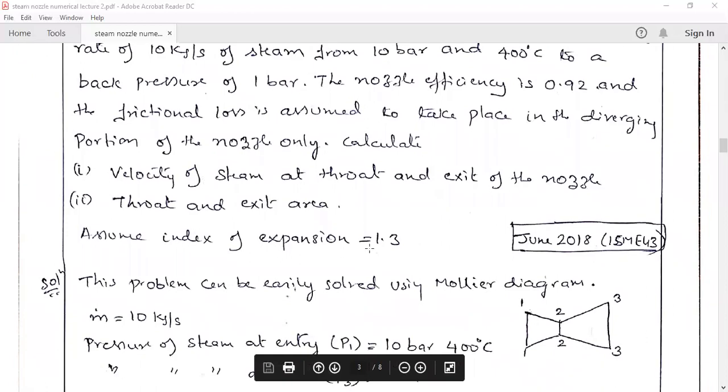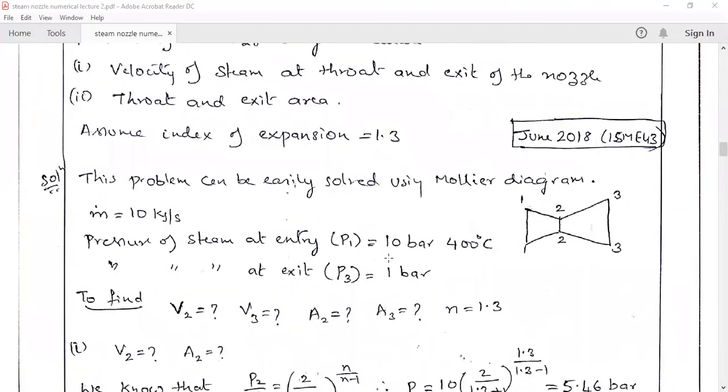So since you are designing a nozzle, you need to find the velocity of the steam at the throat and the exit of the nozzle, and similarly the area at the throat and the exit. Assume the index of expansion as 1.3 since the entry steam is superheated.